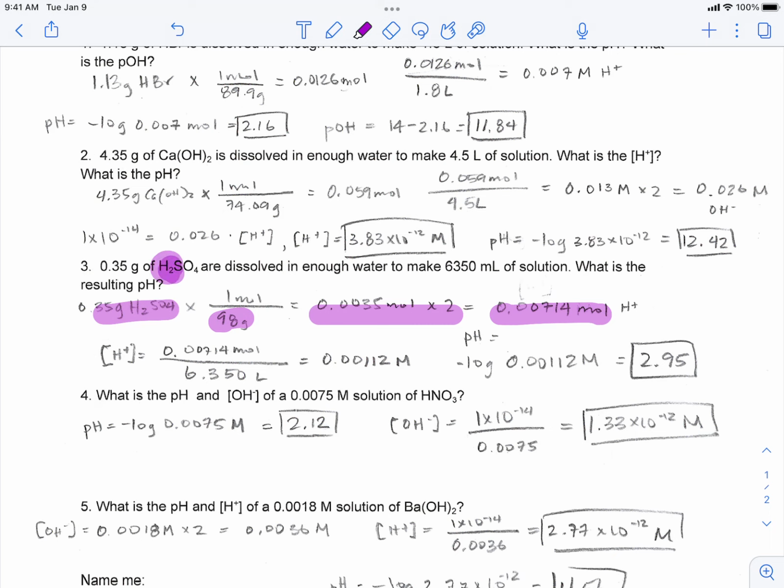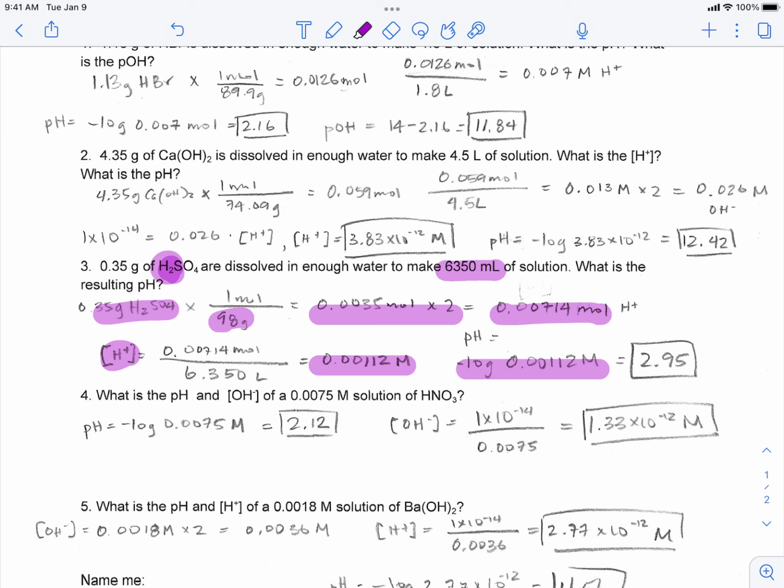Again, because there's an H in the formula. Oh, sorry, I'm not at the KW equation yet. I've got to divide by my liters first. So 6.35 liters for that problem. This gets you the molarity of the H plus right here, 0.0012, the concentration of H plus, that's what the brackets are. Then take the negative log of that to find the pH.